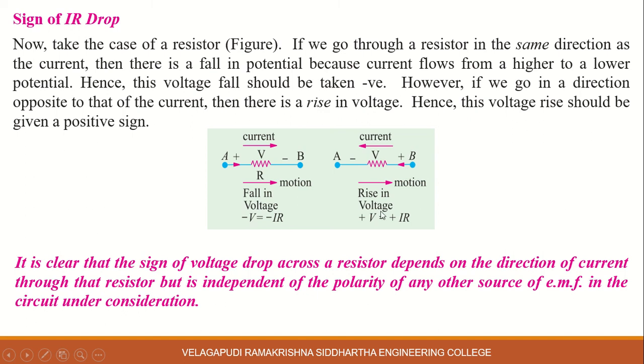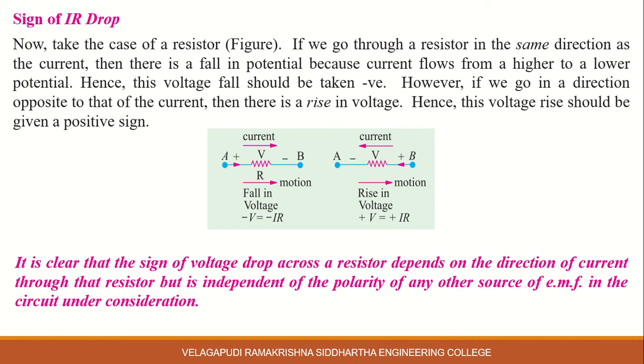Coming to this figure, the current flows from node B to node A. Current always flows from higher potential to lower potential, so the higher potential is represented with a positive sign and the lower potential with a negative sign.